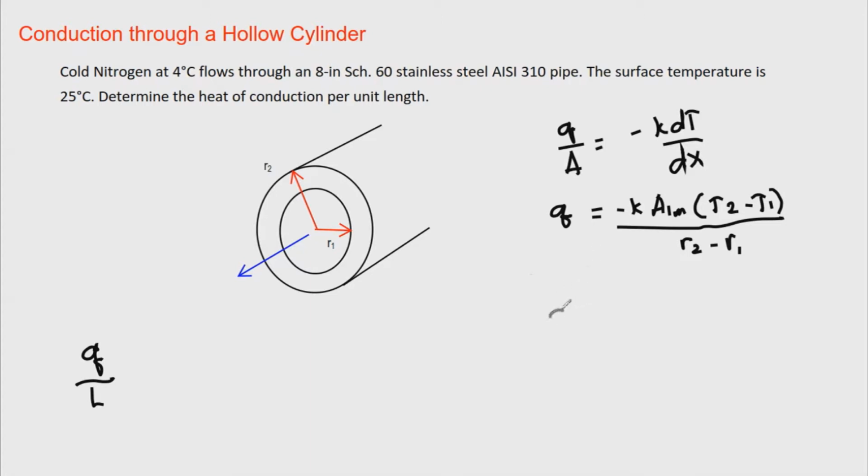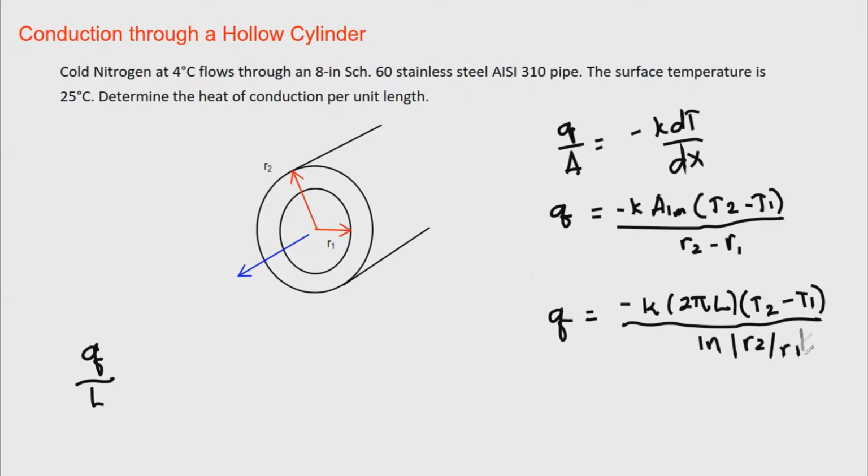Now, if you want to write it in an easier way so that we can remember the formula, we can simply substitute the logarithmic area, which is the ratio of the difference of the areas to the logarithmic difference. So that becomes negative K multiplied by 2 pi L, and then the difference in temperature divided by the ln of R2 over R1.